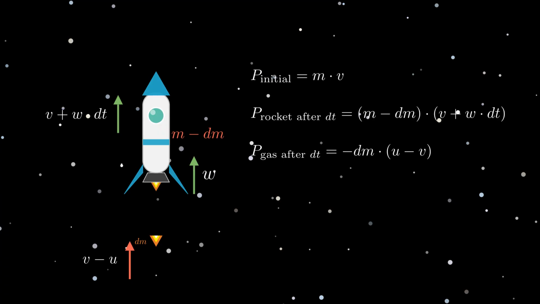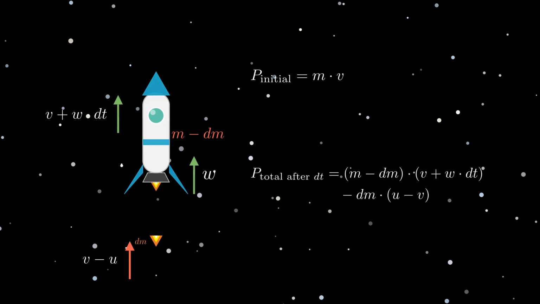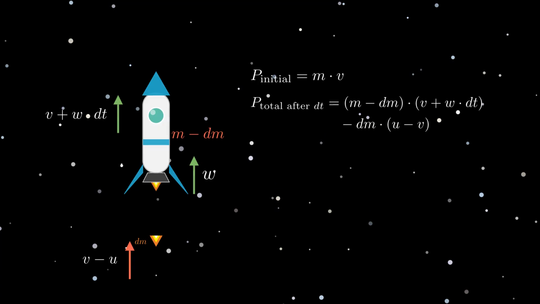Total final momentum. Now consider the momentum of the rocket and the exhaust gas. The total final momentum of the system becomes P final is equal to (m minus dm) into (v plus w into dt) minus dm into (u minus v). Now if we apply Newton's second law, that is the law of conservation of momentum, the change in momentum of the system must equal the impulse of the external force acting during the time interval dt.